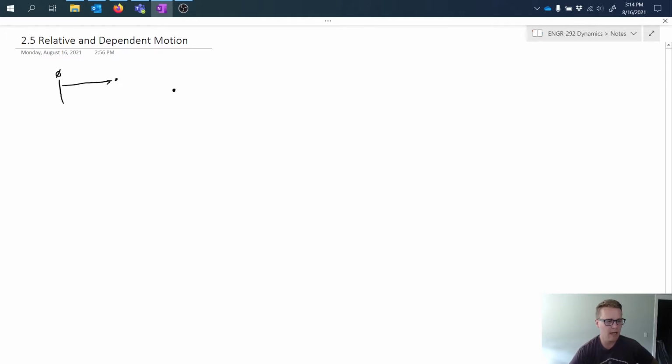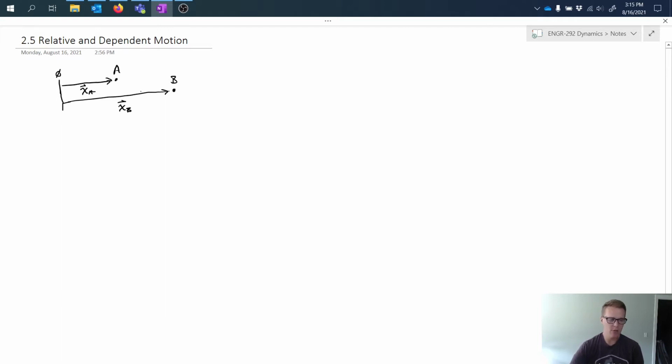And we'll define particle A as having a position xa and particle B having a position represented by vector xb. So these two particles are moving, and here we're defining their position with these vectors labeled x.